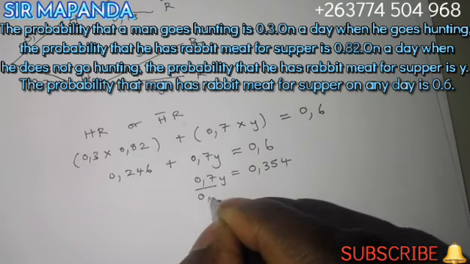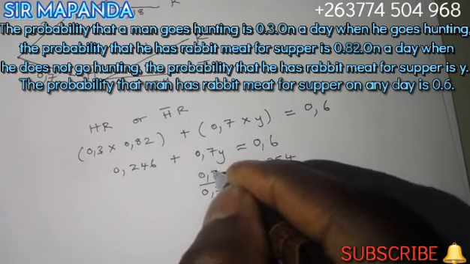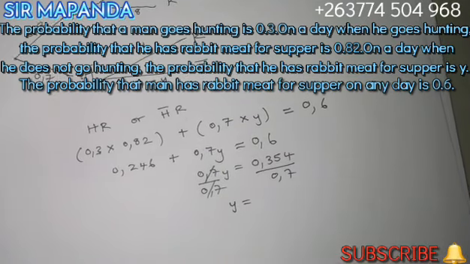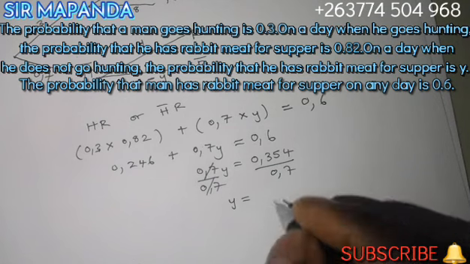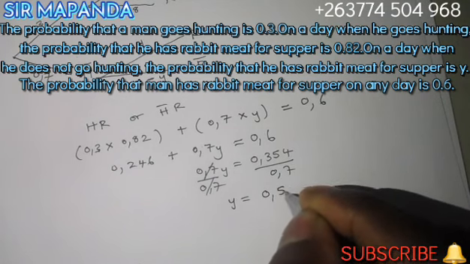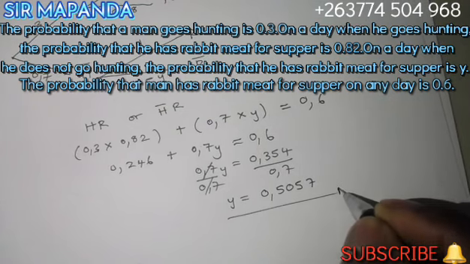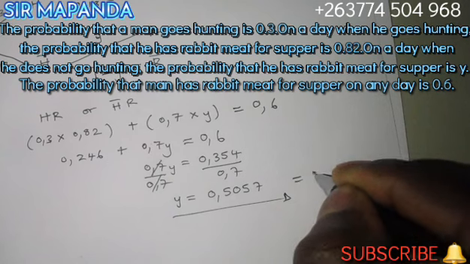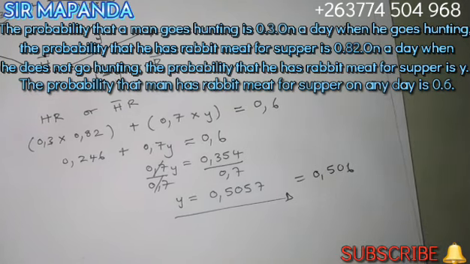Then divide both sides with 0.7. So 0.7 and 0.7, they cancel out each other. So 0.354 divided with the 0.7, you get 0.5057. And this is the value of Y, which can also be presented as 0.506 to 3 significant figures.